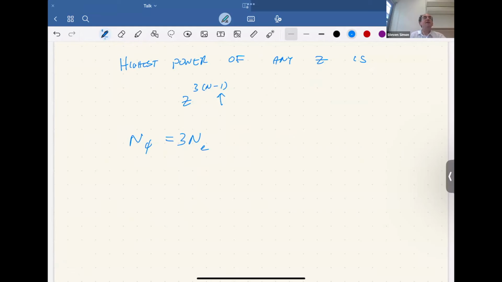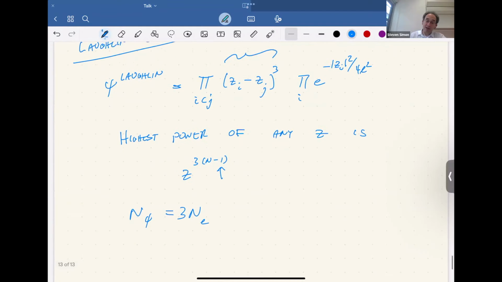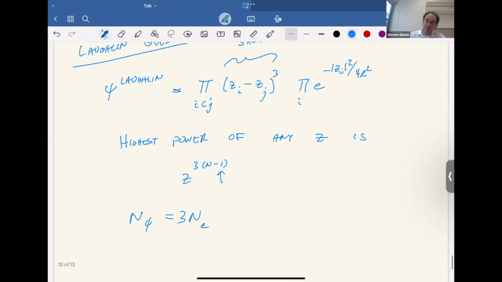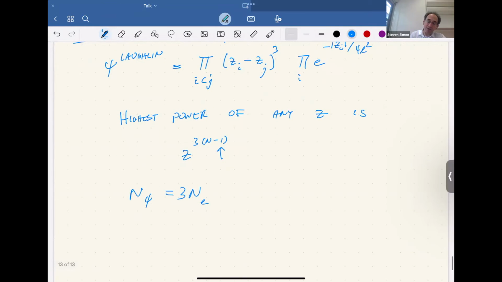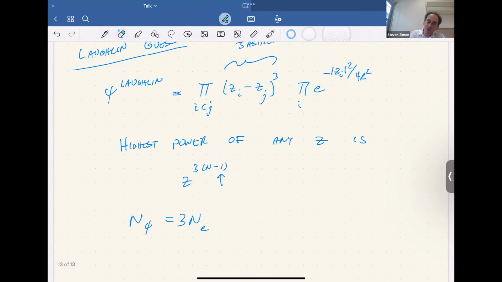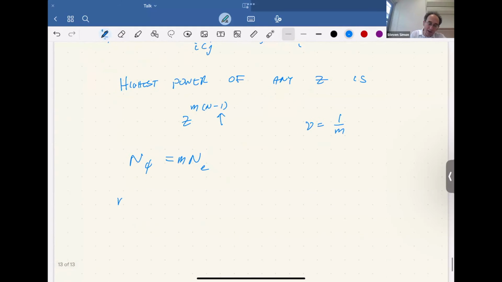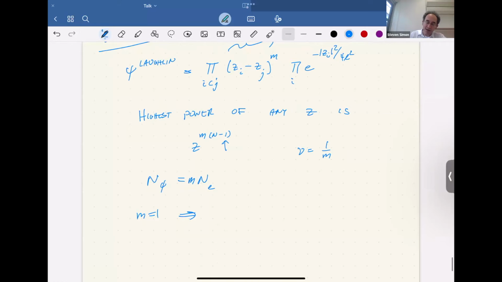And there's one other thing that's really nice. If you change this wave function, let's generalize this to m, and just choose m odd. This is filling fraction 1 over m. If you choose m equals 1, it's a little bit of an exercise, but you fill all the phi m states.